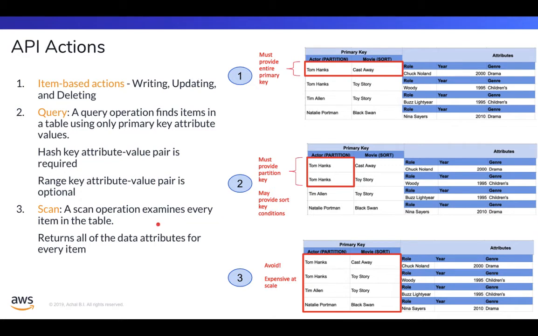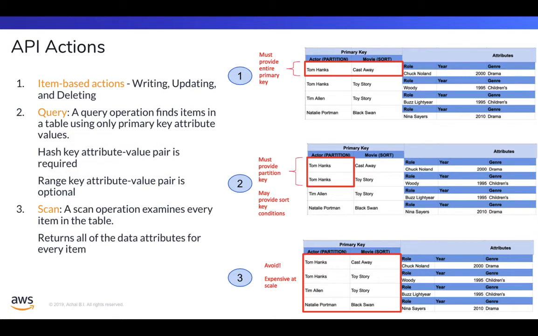There is also another operation, that is the scan operation. Basically, it will examine every item in the table and return you the result based on your request. There are some anti-patterns, or not best practices, where people use a scan with a filter expression.